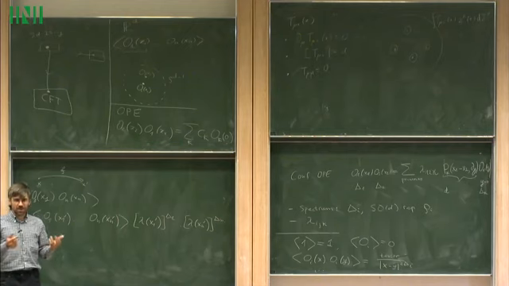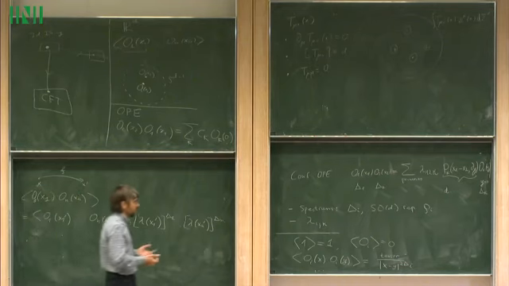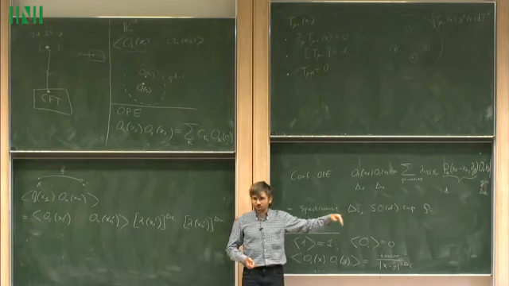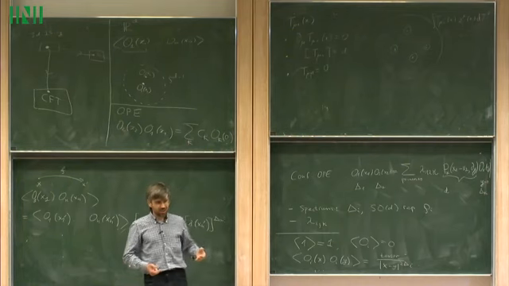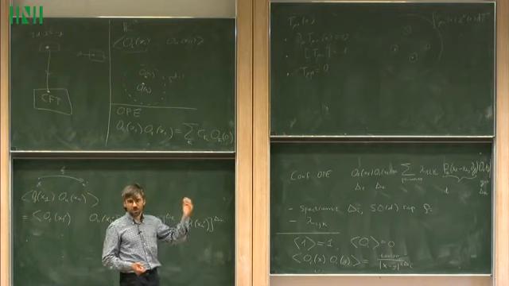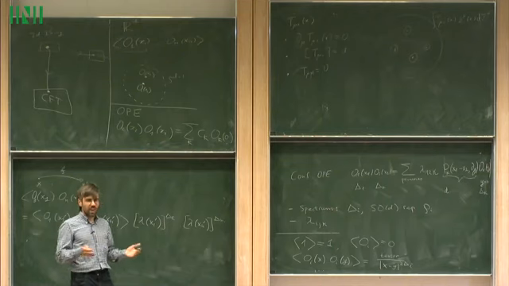All these three critical exponents are trivially expressible in terms of three of these numbers delta I. Eta is related to delta sigma, nu is related to delta epsilon, and omega is related to delta epsilon prime, the subleading epsilon. But there are infinitely many other deltas which nobody has ever cared about.